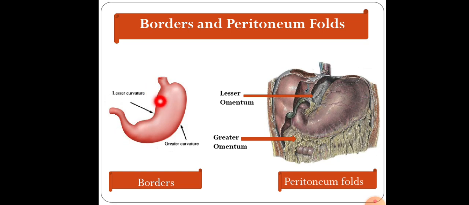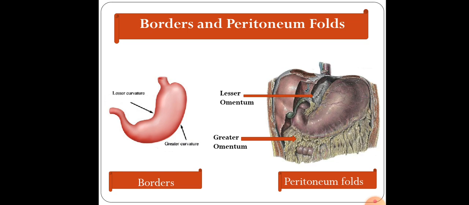The lesser curvature provides attachment for the lesser omentum that connects the liver to the stomach. The greater curvature provides attachment to the greater omentum. This greater omentum has 4 layers, 2 anterior layers and 2 posterior layers.